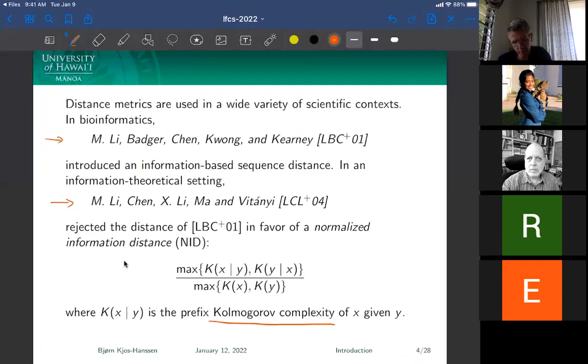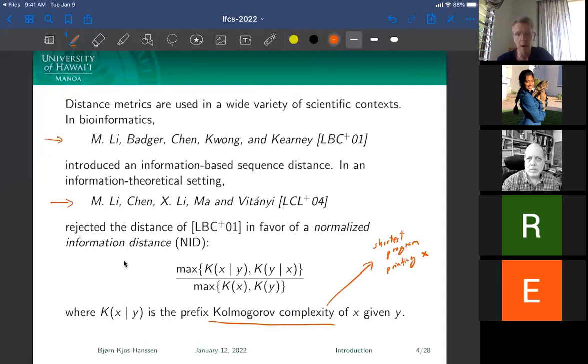And by the way, the Kolmogorov complexity, what this means is basically the shortest program for a computer, informally speaking, printing X. That's the Kolmogorov complexity of X.